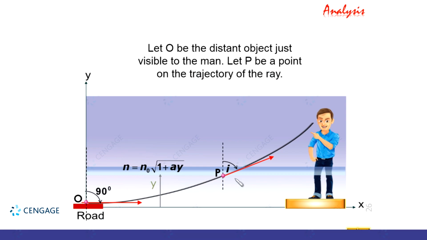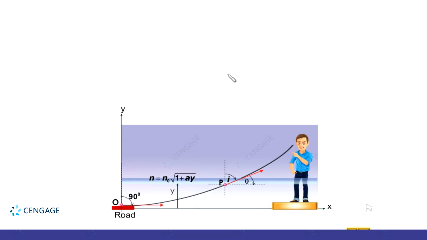If we draw this horizontal line, we can say the angle made by this ray with the horizontal, say this angle is theta. If this angle is theta, that means this angle of incidence should be equal to 90 minus theta. Now, we can use the Snell law. We know the Snell law.